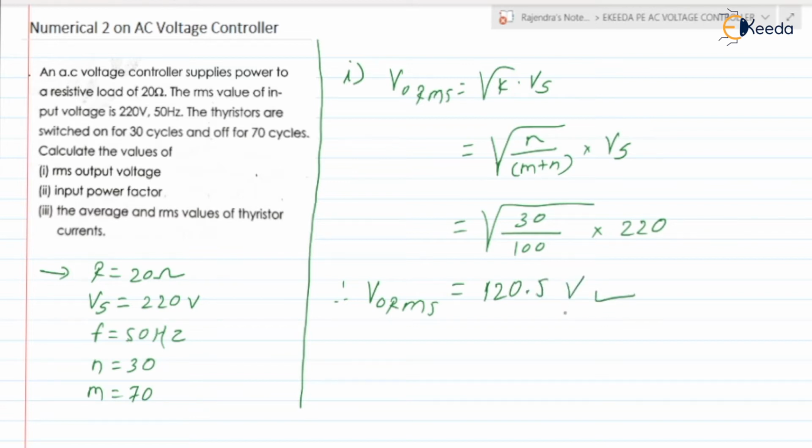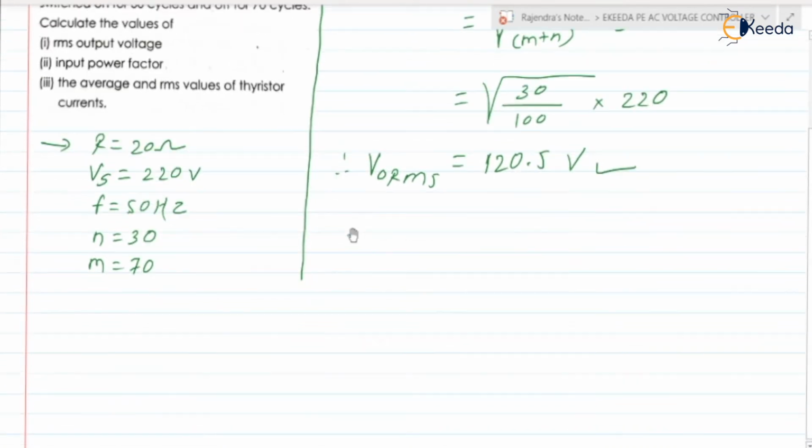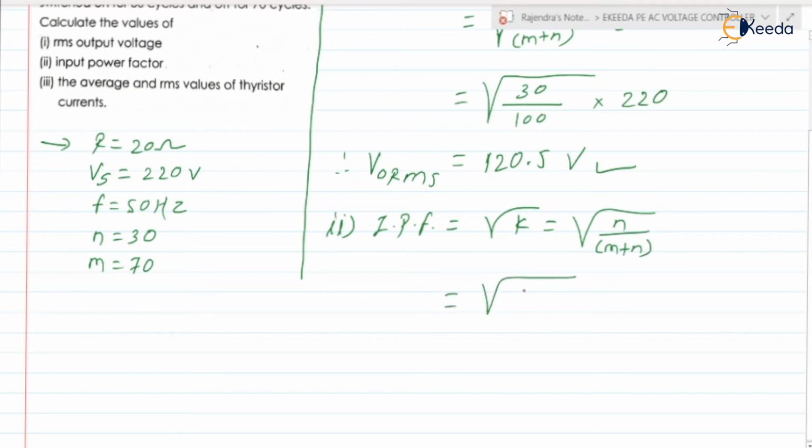Next, input power factor. What is the input power factor? We already derived this expression in the previous videos. Input power factor is equal to under root K, so it is equal to under root N upon M plus N. N is 30 divided by M plus N, that is 100.